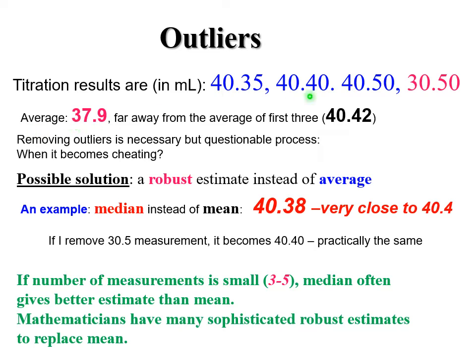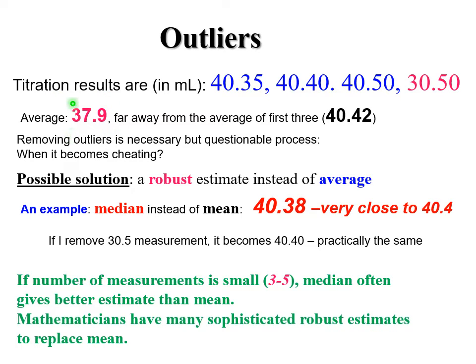Now, if you take all 4 numbers into account, the average will be 37.9, far away from the average of the first 3, which is 40.42. They are close to each other. Now, this is absolutely wrong. It cannot be tolerated.